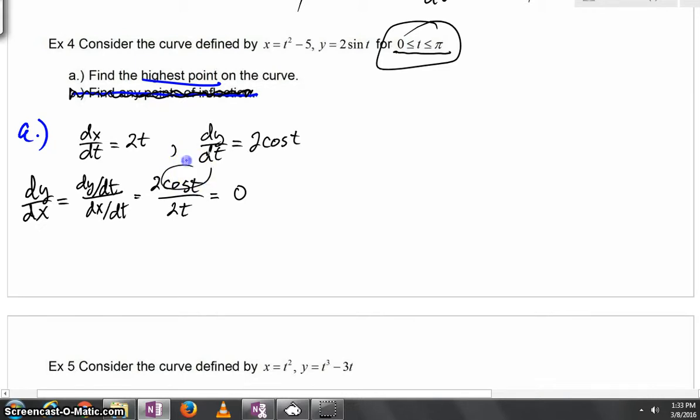But where could the numerator equal 0? Cosine is 0. For which angles do you think? Pi over 2. We'd say, well, at pi over 2, of course, our derivative would be 0. And obviously at pi itself, cosine of pi is -1. Cosine of 0 would be a 1.